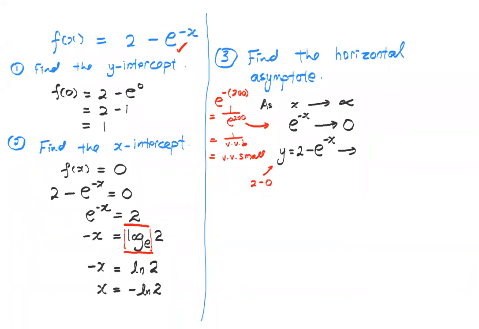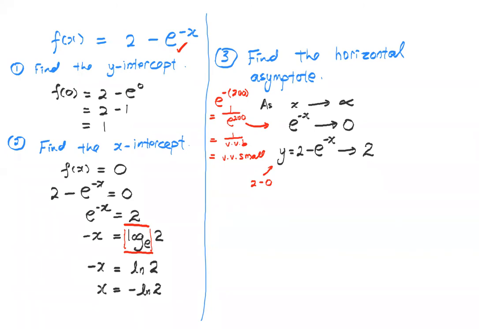So it will approach what? 2 minus 0, what is the value? Approaches 2. Now, all the other values of y, will they be greater than 2 or less than 2?